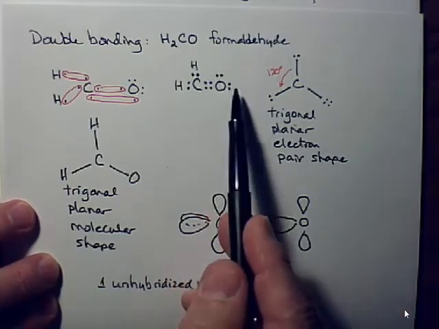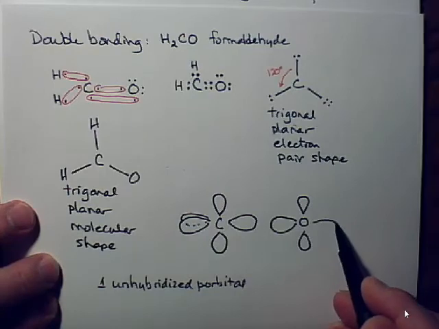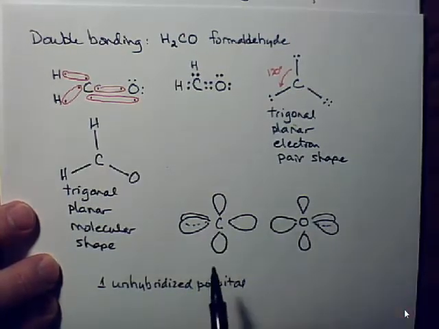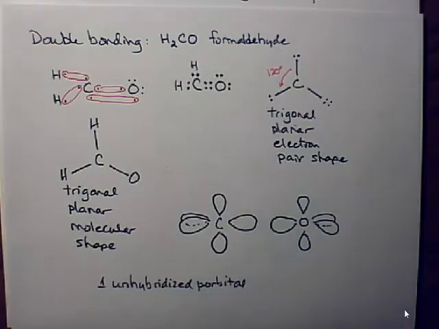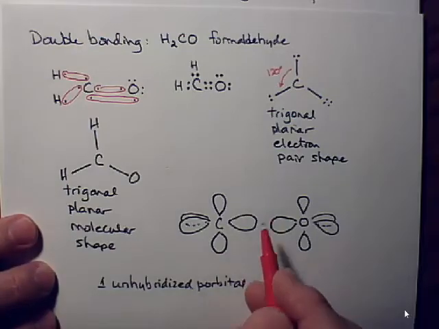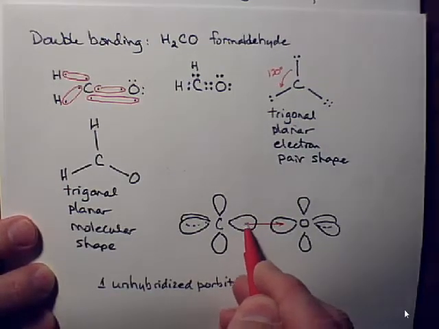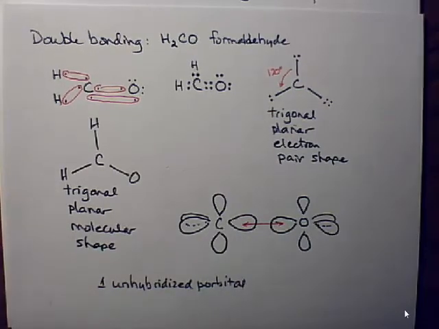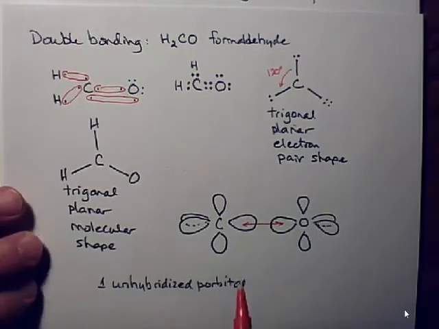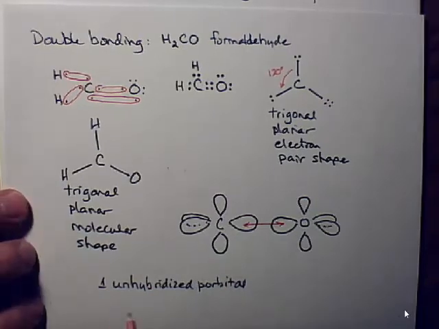And the 2 lone pairs over here on the oxygen, those lone pairs are the hybridized orbitals that are going to sit back here like this. And the orbitals that are going to overlap and become one combined orbital, well, this is one of them. That's going to form a single bond. Or, I'm sorry, a sigma bond. Okay? The other orbital can't be in that same space.